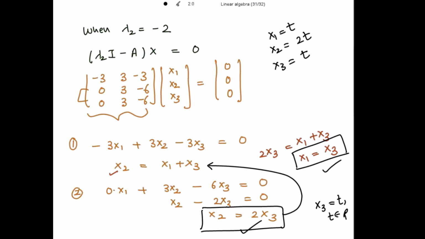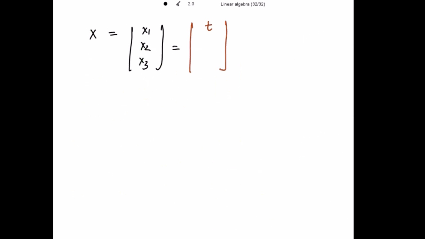So the eigenvector x, that is x1, x2, x3: we have got the value of x1 to be t, the value of x2 to be 2t, and the value of x3 to be t. Taking t outside, we get (1, 2, 1) for t belonging to the set of real numbers.